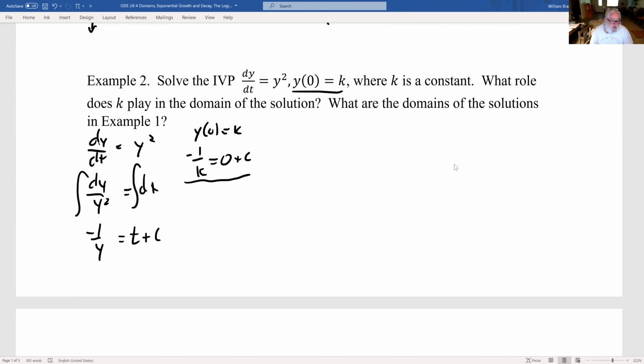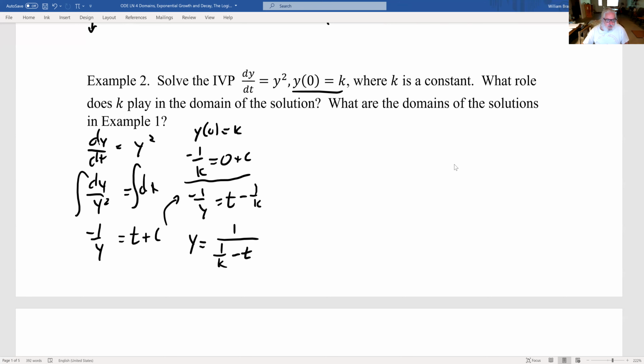So evaluating my initial condition gives me -1/y equals t - 1/k. Inverting it and multiplying through by -1 gives me the solution, where k is the initial condition.